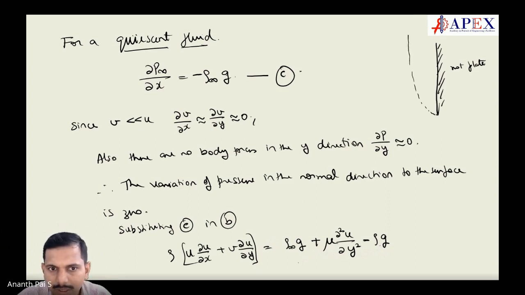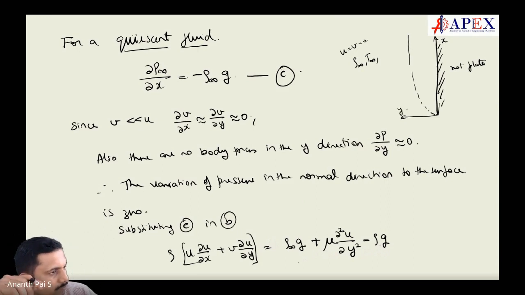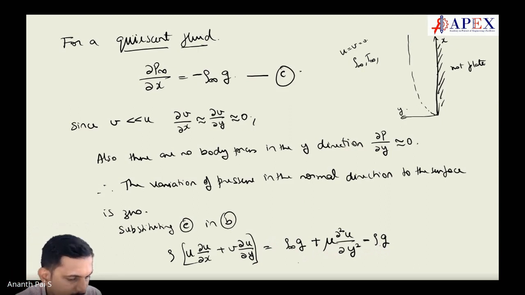So here is rho infinity, T infinity, U is equal to V is equal to 0 beyond the boundary layer, correct? Same X, and this is Y. Makes sense? Simple.